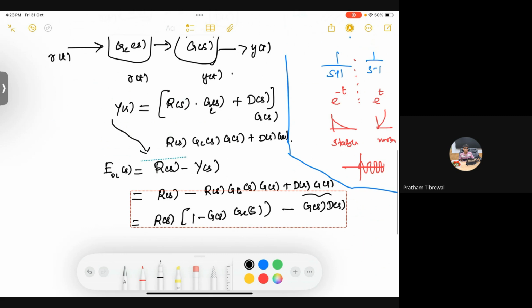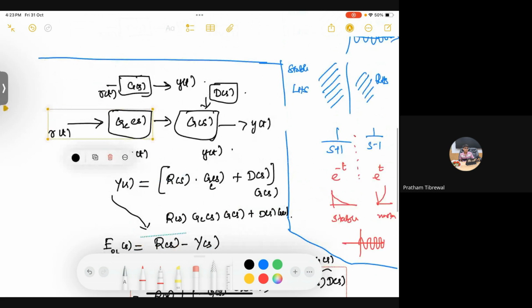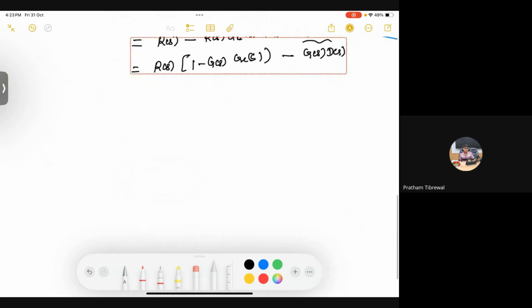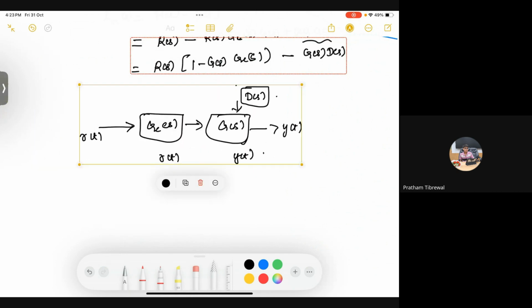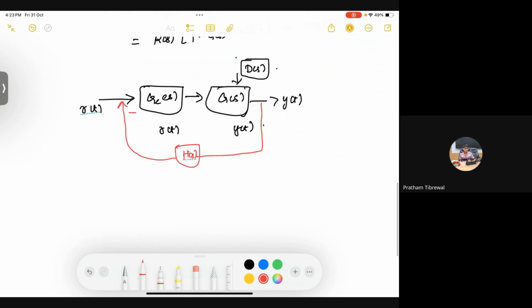Right. If I write the same transfer function in terms of a closed loop system, I'm just adding a loop here, which is closing the system with a negative feedback, unity feedback, let's take.